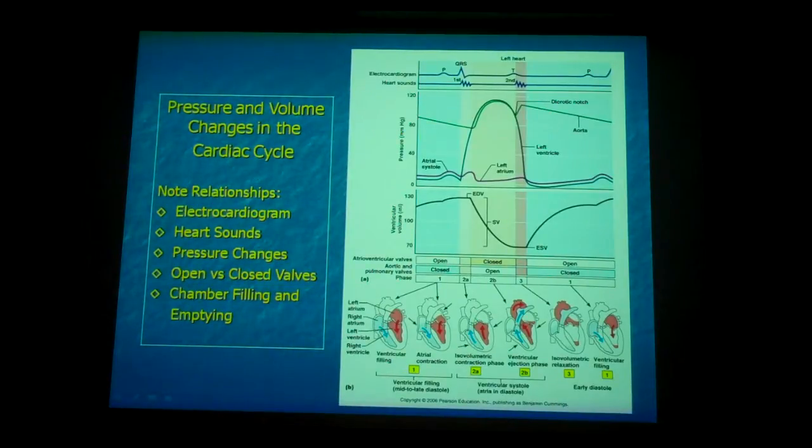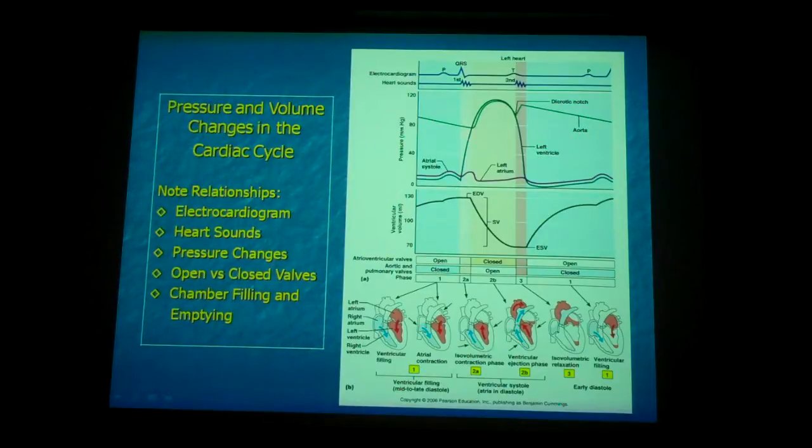All right? Now, we know that this ventricular contraction only lasts part of the whole cycle, right? So this is the maximum pressure generated by the ventricle in its contraction, but then it begins to relax, doesn't it? And the pressure falls off, doesn't it?